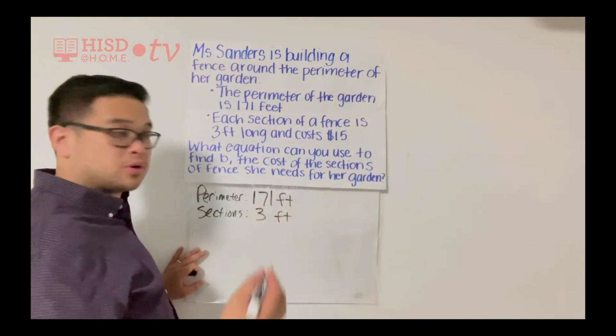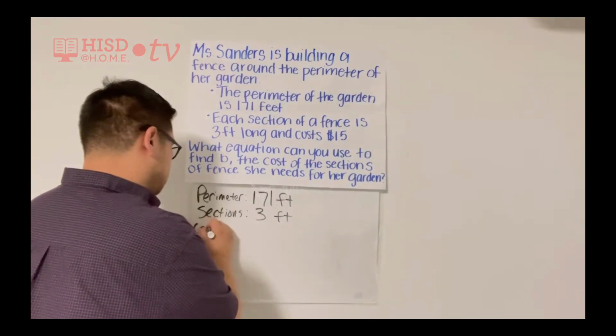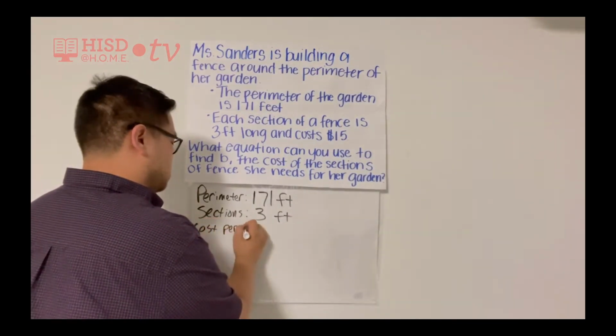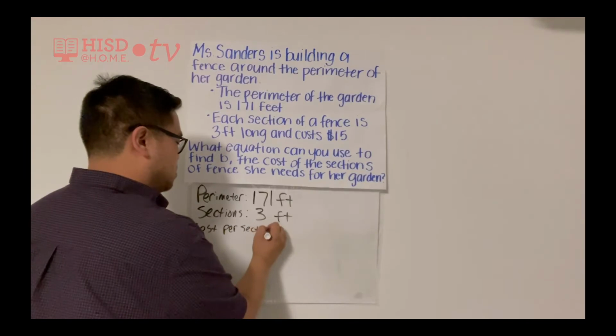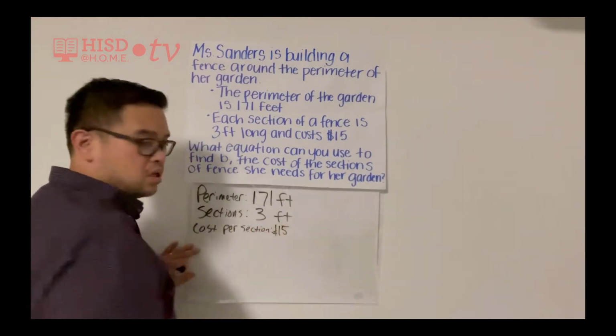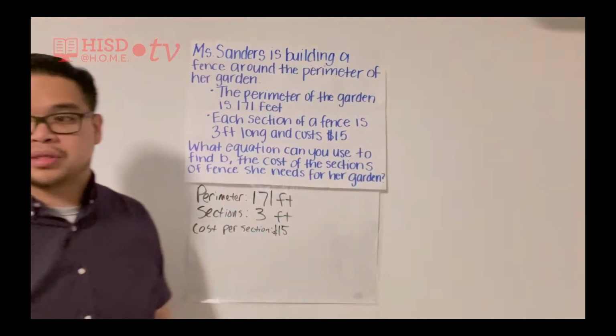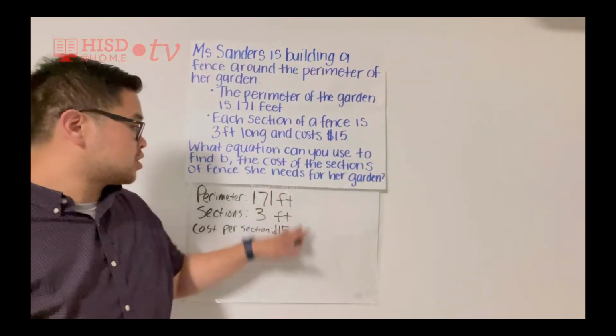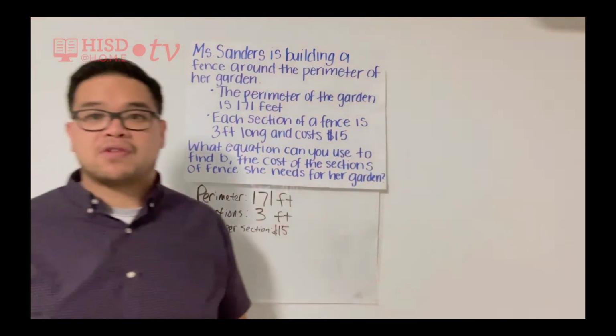And then the cost per section is $15 per section.